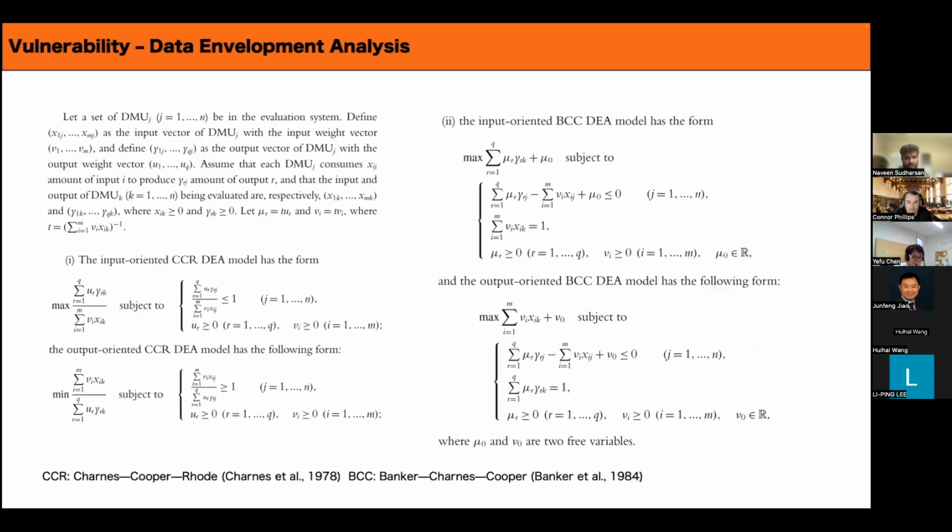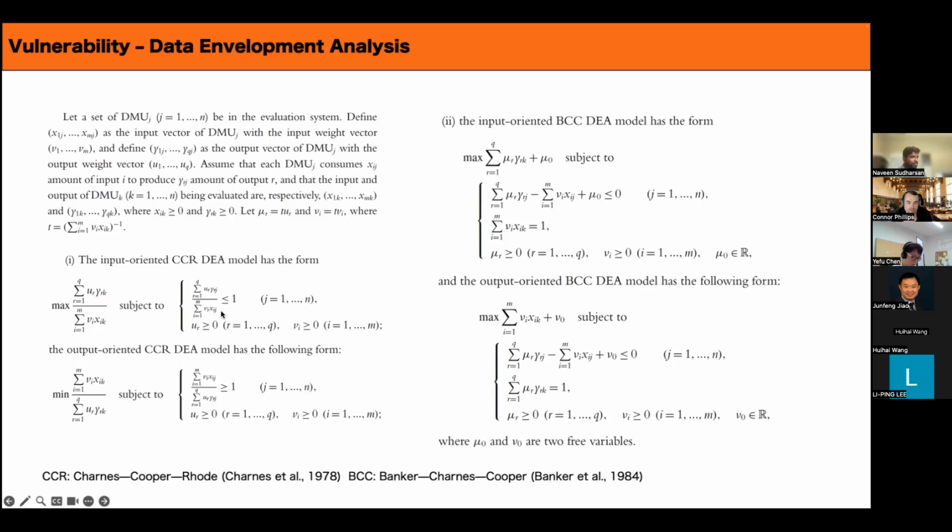So moving on, then we need vulnerability. I know there are a lot of equations, so I'll just explain it simply. It is basically a linear programming problem. We have an optimization problem over here, and we have some constraints.